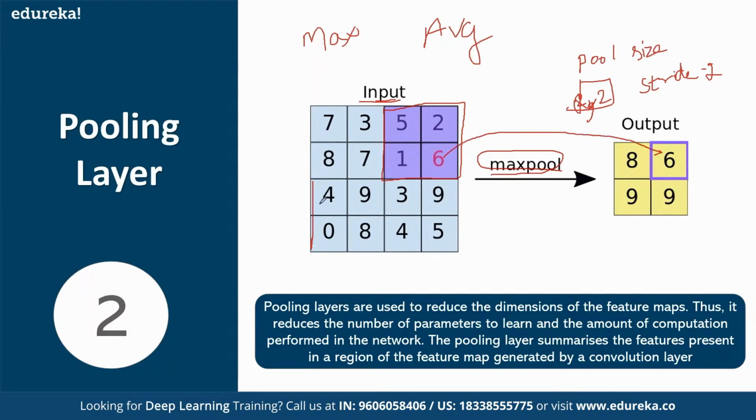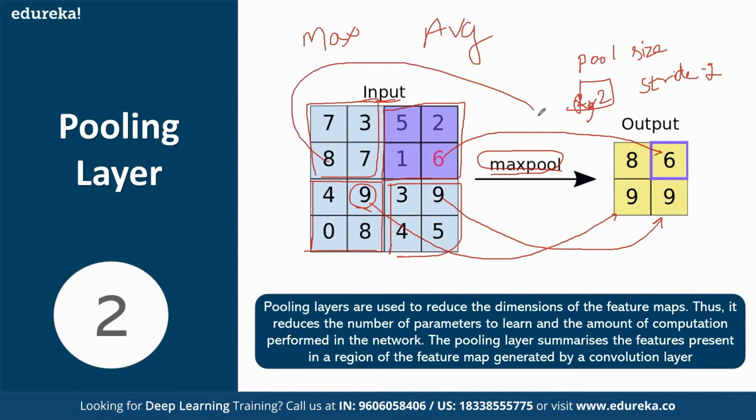Similarly, I'll place my pooling window over here, and in this 2 by 2 region, the maximum value is 9. So 9 will be the output from this region. I'll place my window over here. Even in this scenario, the maximum value is 9, so 9 will be placed over here. And for this region, you can observe this is the maximum value, and 8 is the next value, guys.